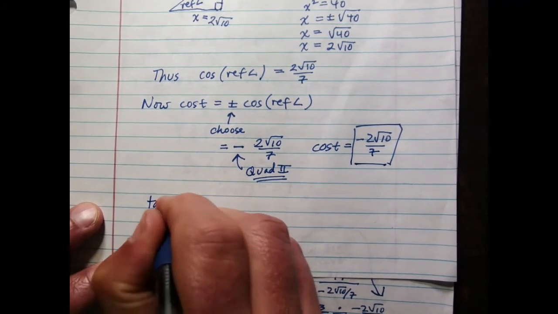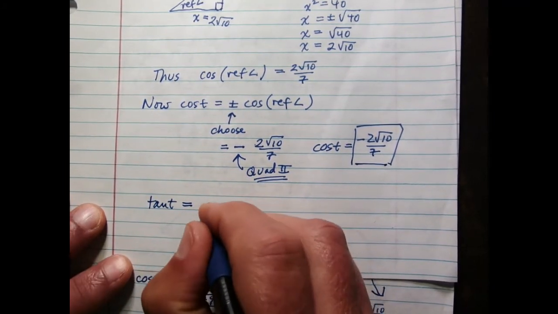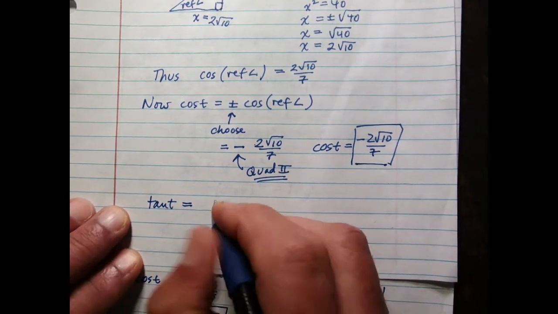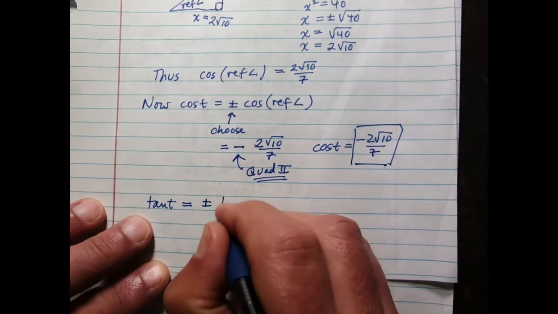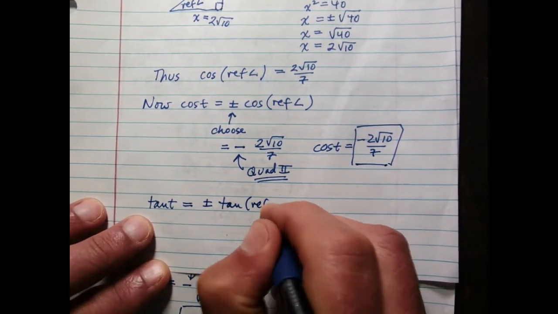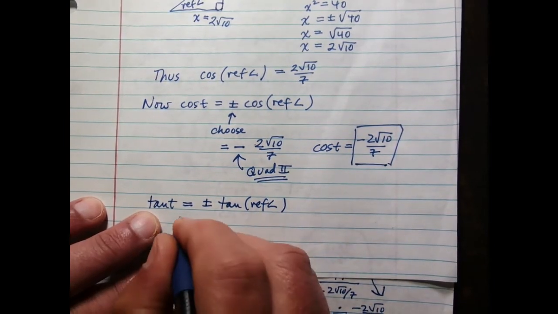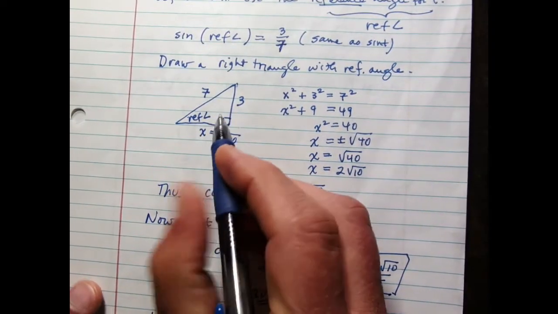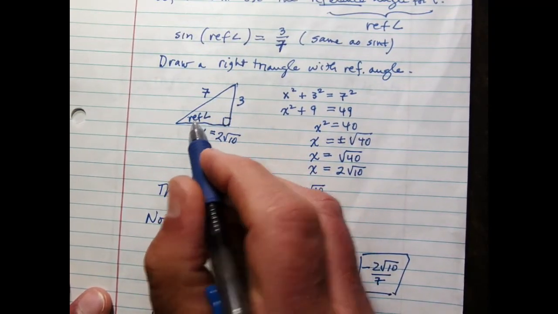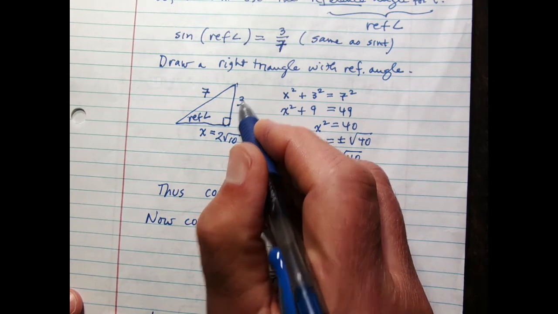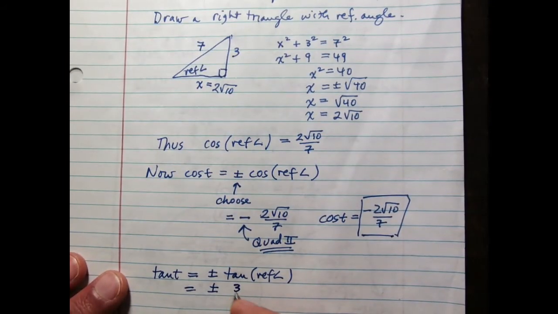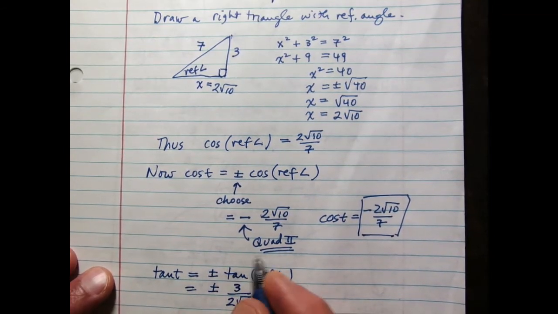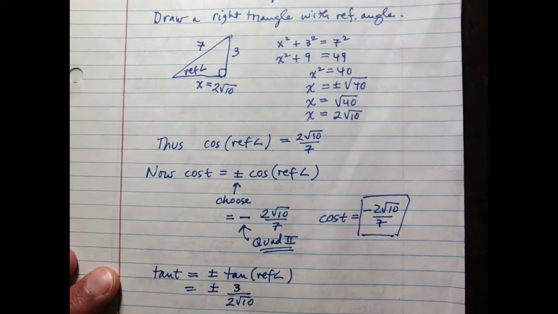Tangent t is also going to be plus or minus the tangent of the reference angle. That means plus or minus, I could use TOA in my diagram here. So that's 3 over 2 square root of 10, right? So I'm using the TOA of SOHCAHTOA here.